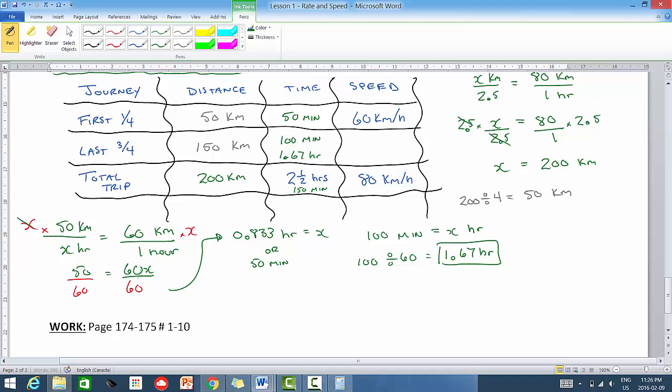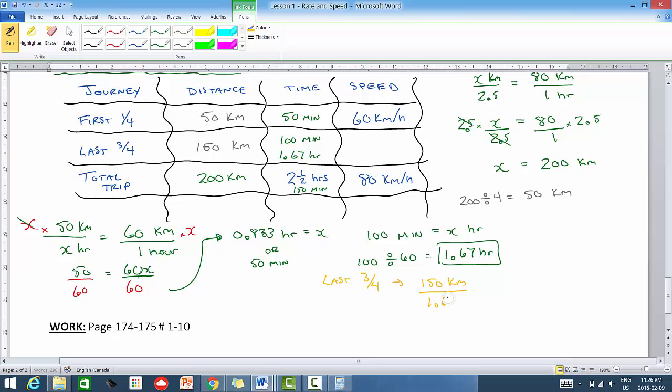Now we have two pieces of information and we can find the third. For the last little bit, I'll do it in another color. We'll do orange this time. So, the last 3/4. We have a ratio of 150 kilometers over 1.67 hours.